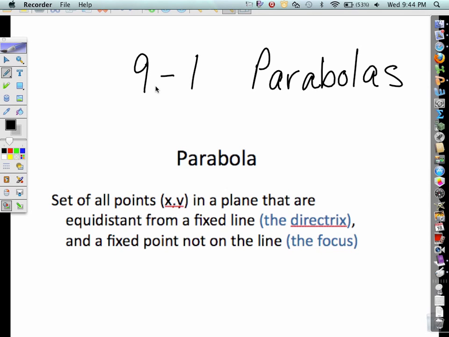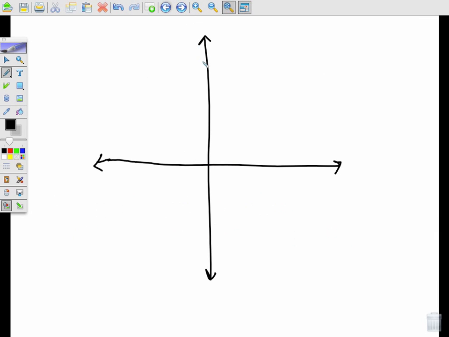All right, let's go ahead and look at what that is. So let's go ahead and I'm going to give us a parabola here just at the origin. All right, so what we have is this point on the inside of the parabola. Let's put it here. This point is called the focus.